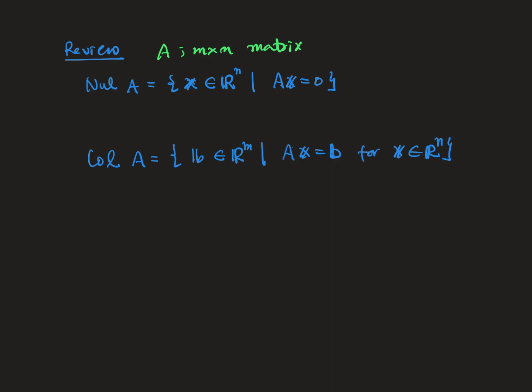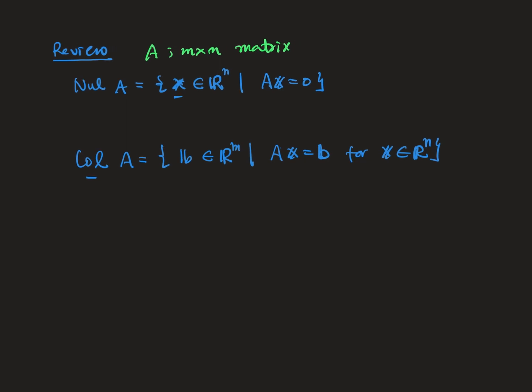Let's quickly review what the null subspace and column subspace of matrix A are. Matrix A is an n by n matrix. We define the null space of A as the set of X where A times X is the zero vector. The column space of A means you take any X from R^n, do the operation, and find the b values, all the b values.